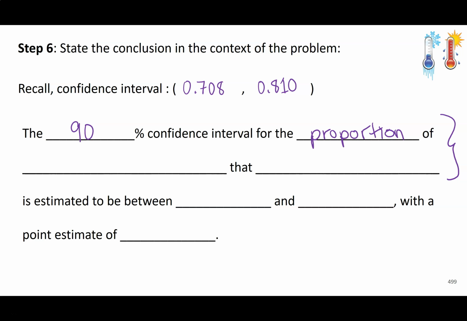The proportion of this should be your population right here, so all OSU students, and this is my category of interest. I was focused on folks that prefer too cold weather.